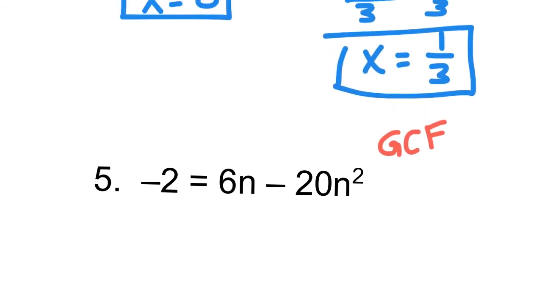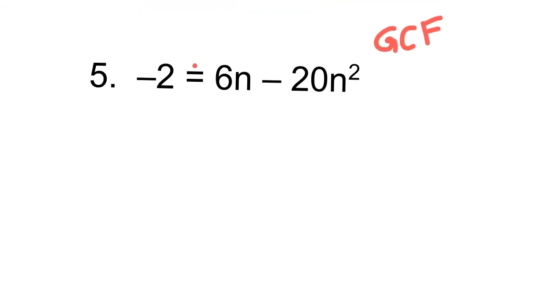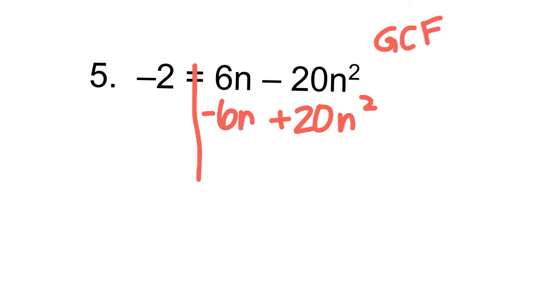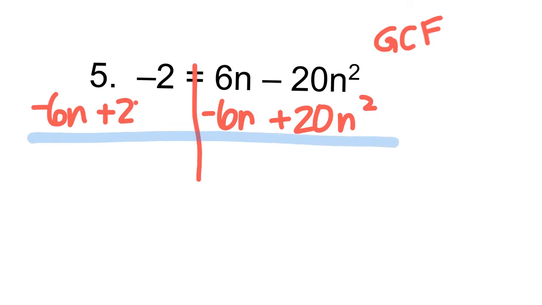Also, we need to isolate on number 5, and we're going to make sure that the n squared coefficient is positive for our purposes today. Now, as we go forward and rewrite this, we're going to have a positive 20 n squared.